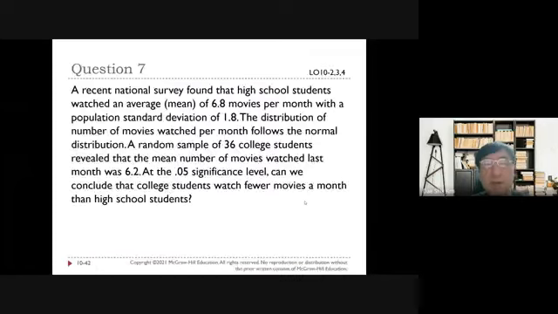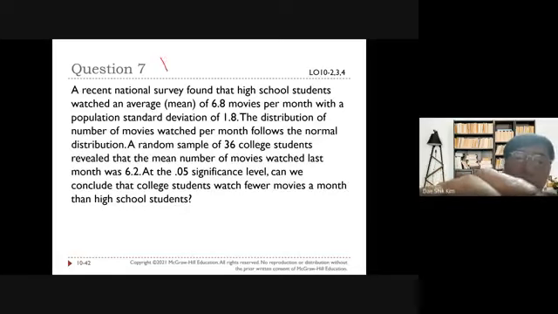Question 7. Our textbook, page number 329. A recent national survey found that high school students watch an average of how many movies per month.